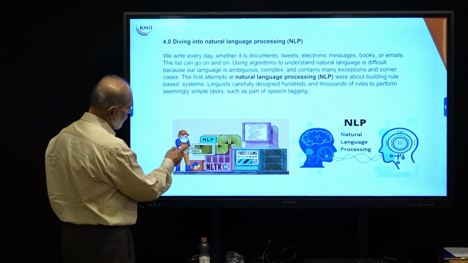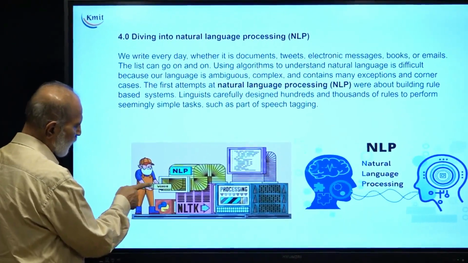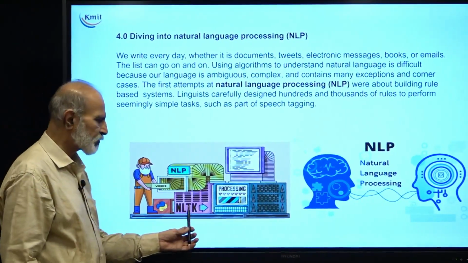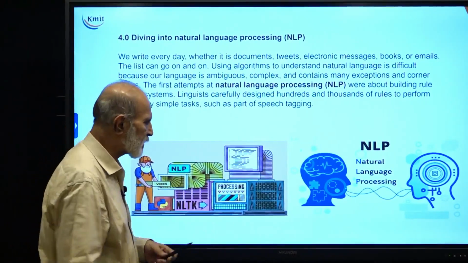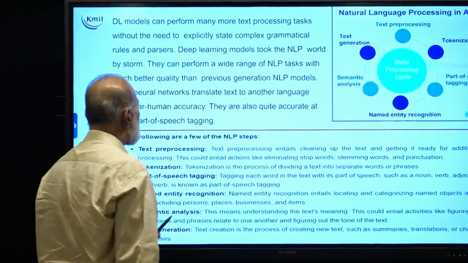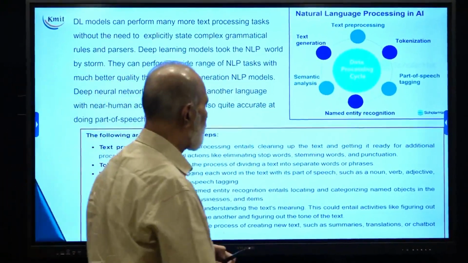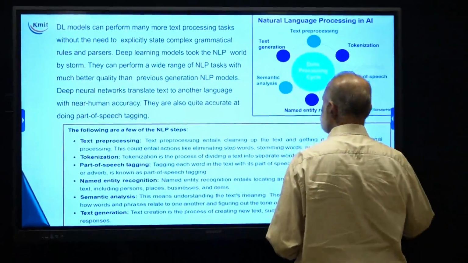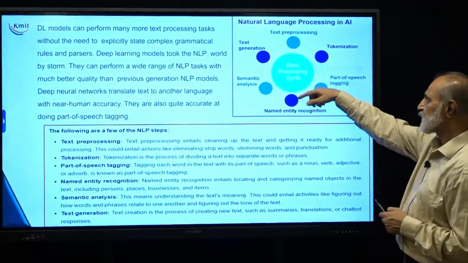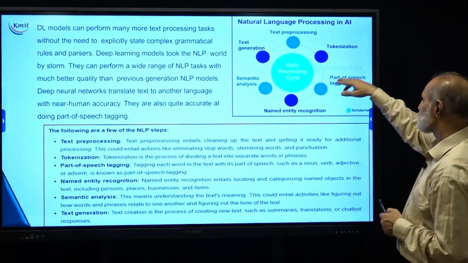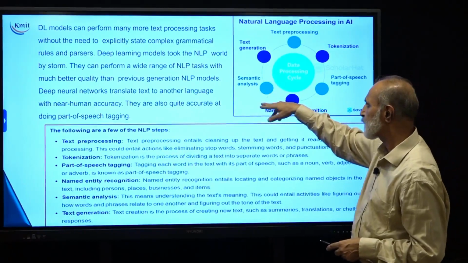Okay. So, in the diagram you can see here, I input a word, the natural language task processing is done by Python, and the other person is able to understand. Okay. So, natural language processing is text processing, and I have some very interesting patterns here. You can see text generation, text pre-processing, tokenization, part of speech tagging, named entity recognition, semantic analysis.